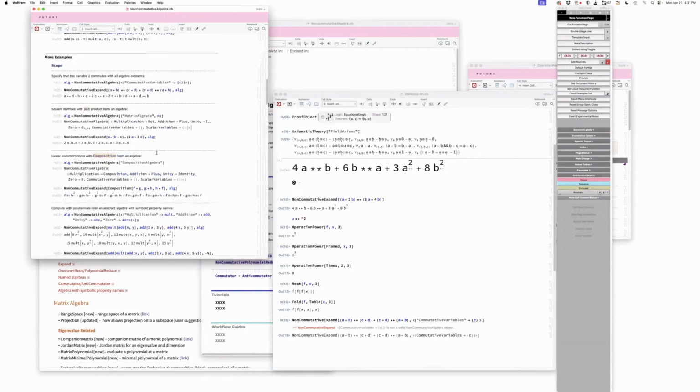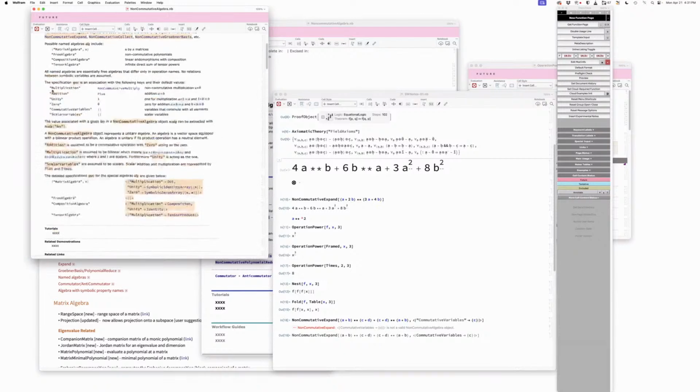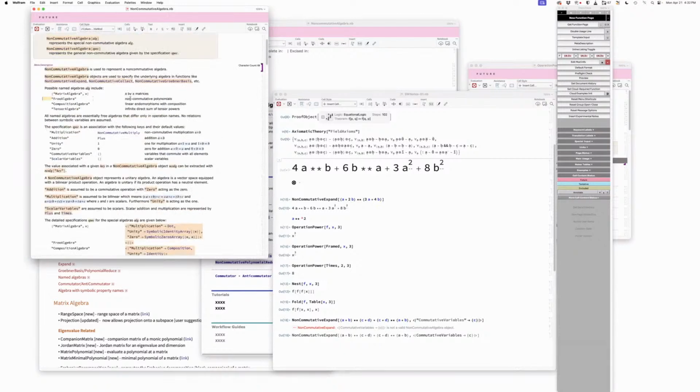I'm a little bit confused by something. Up here, the free algebra, I understand. All of these other things, do they effectively have relations or what? No, they are all free algebras with different names for operators. That's all the difference. When you say different names for operators, do they all use non-commutative multiply for multiplication?